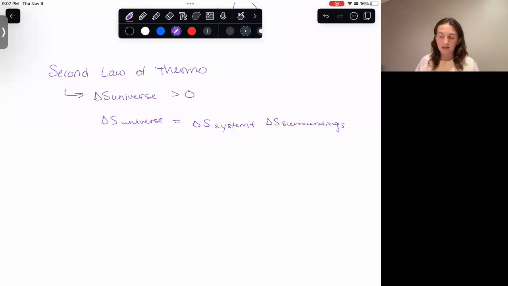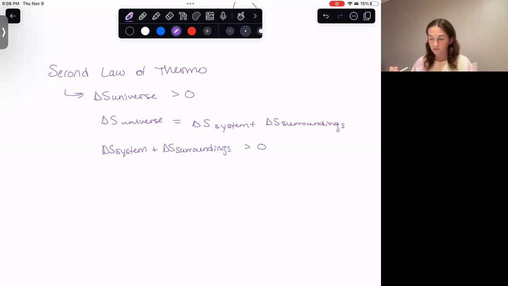Okay, so if delta S of the universe is greater than 0, and it equals the delta S of the system plus the delta S of the surroundings, we could say that delta S of the system plus delta S of the surroundings has to be greater than 0. Which means that there are 3 different cases that can happen, right?